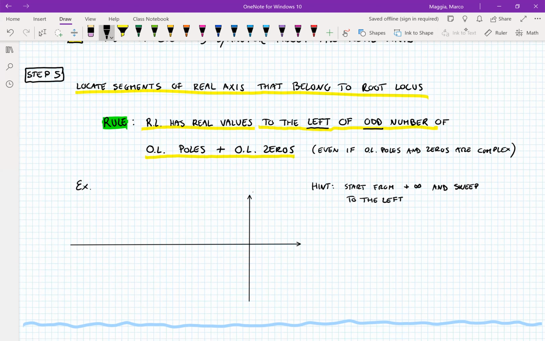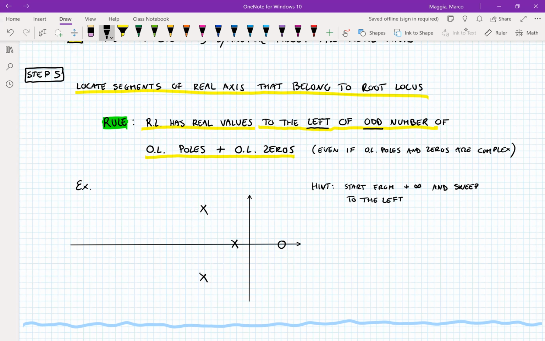So let's say that for our system, we have 2 open loop zeros and 3 open loop poles, and they're located right here. So here we have 1 open loop zero, then we have 1 open loop pole. This was just following step number 3.